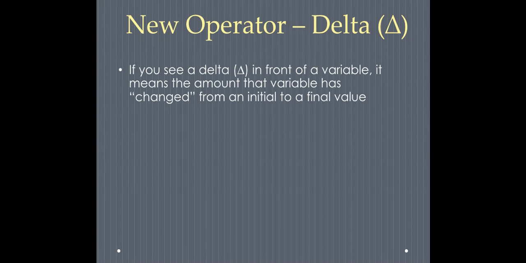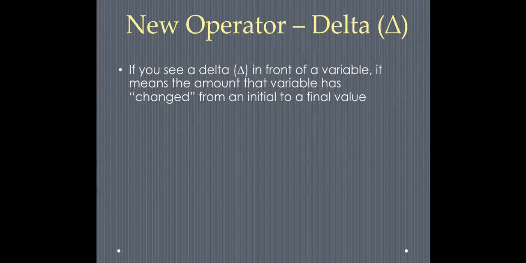So delta is one of them, and that's basically a triangle. If you ever see that in front of a variable, like delta t for delta time, here's what that actually means. It means that you're trying to figure out how much that variable has actually changed from the start to the end.